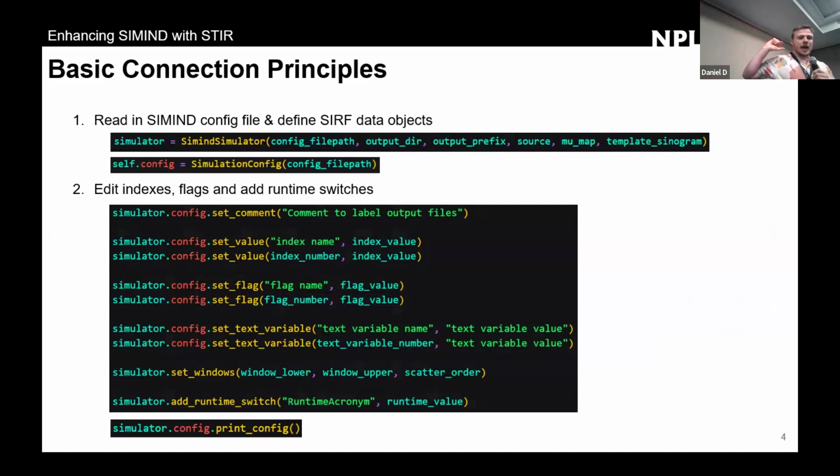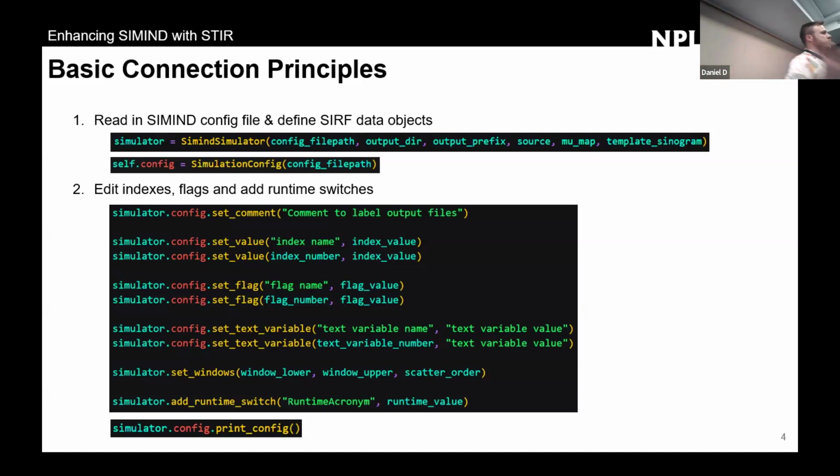Then you can add comments to your output file, change index values like this, change flags, so setting different things like attenuation on and off, and set text variables. These are collimators and so on that SIMIND already has within the program. You can also add different energy windows and runtime switches, such as how accurate you want the simulation to be.